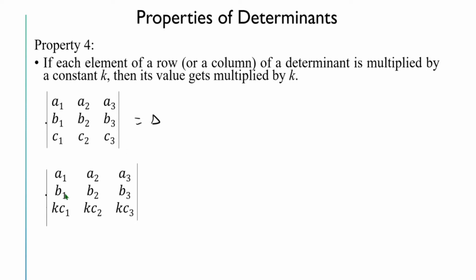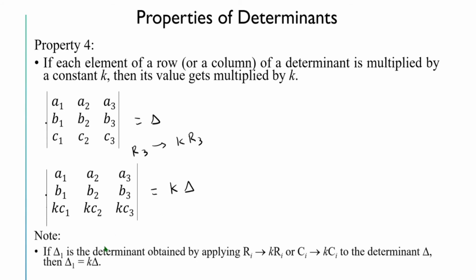Then here we can see that the third row is multiplied by the non-zero number k. So in this case, the value of the determinant will be equal to k into the given determinant.